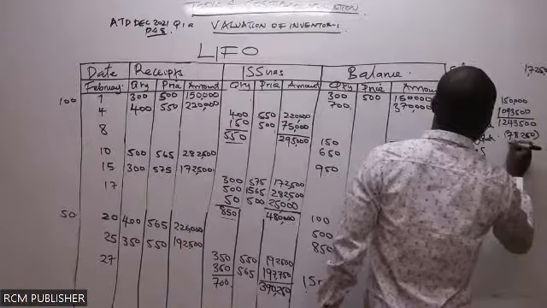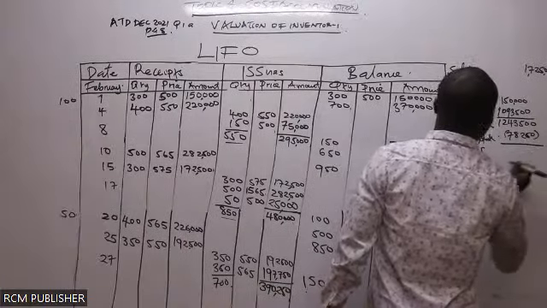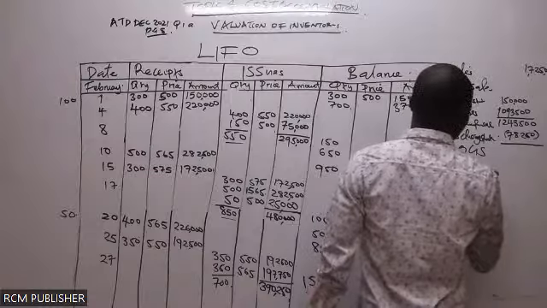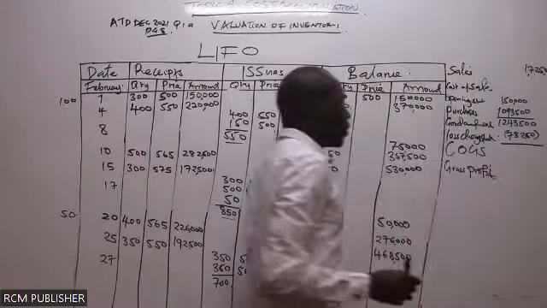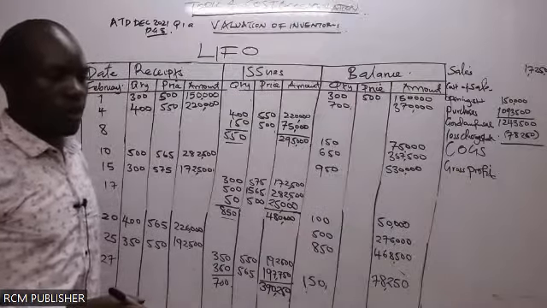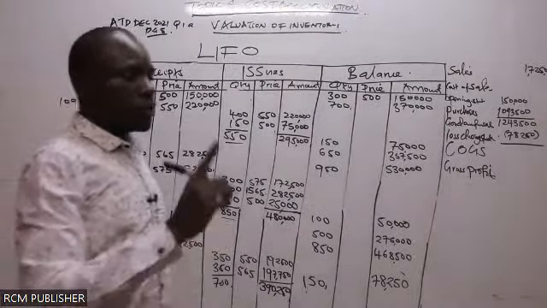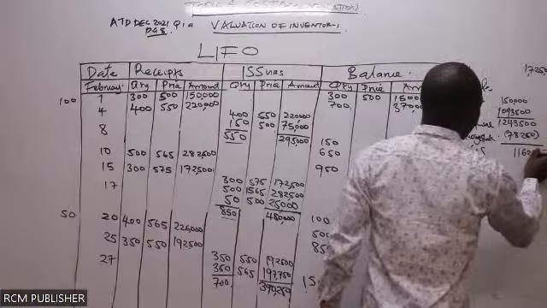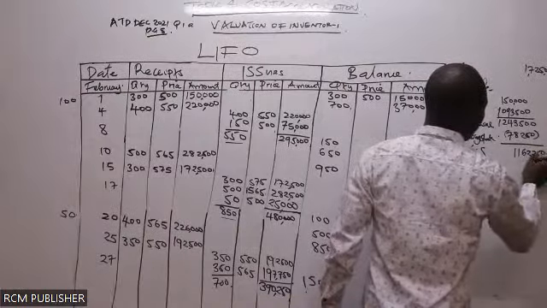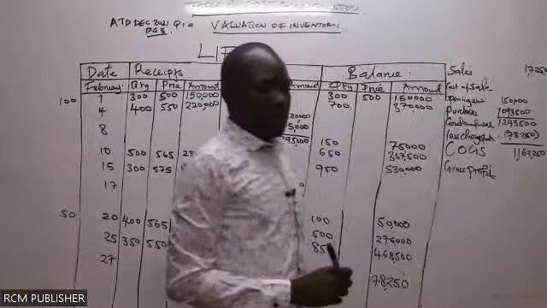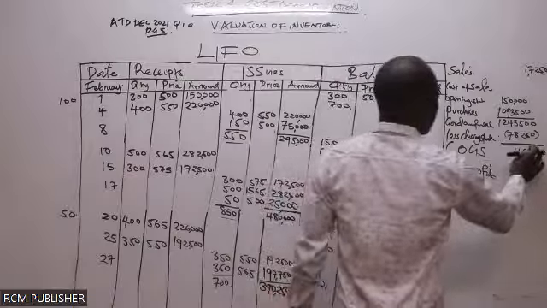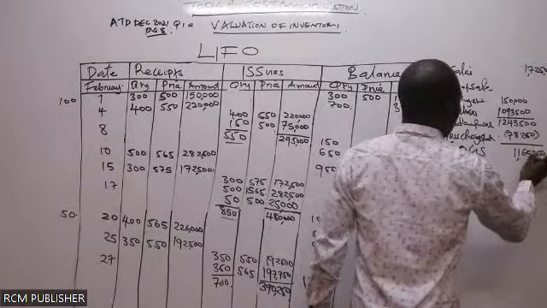So can we get COGS? Then we get gross profit. What is the value of COGS? 1,165,250.